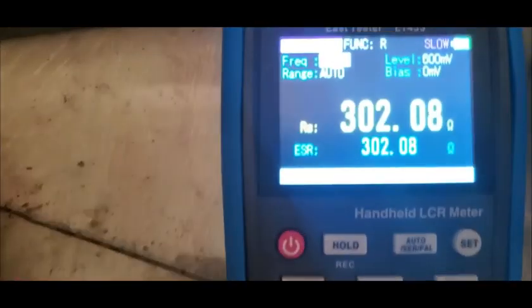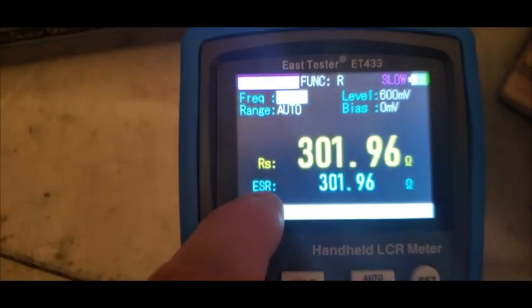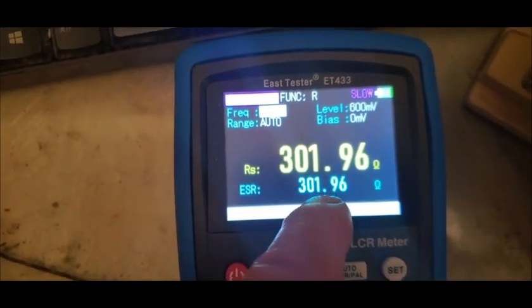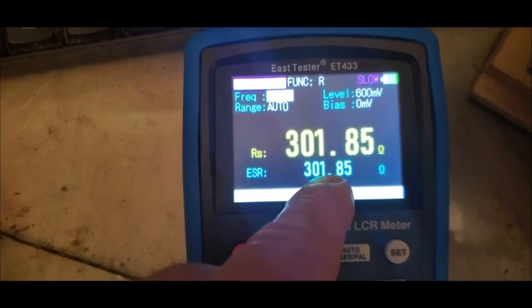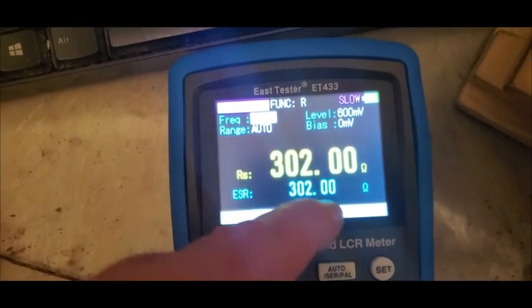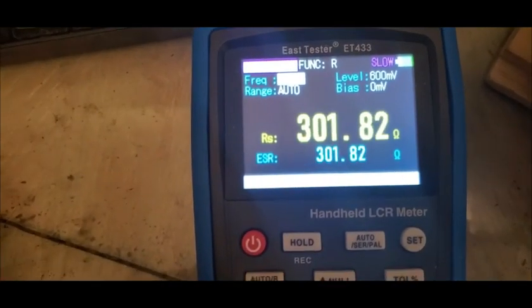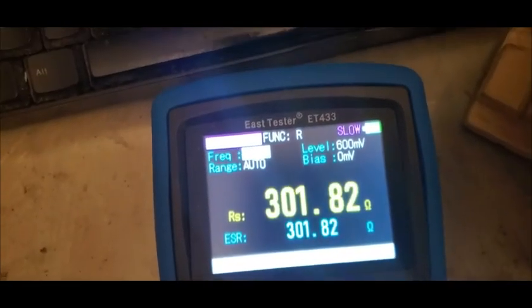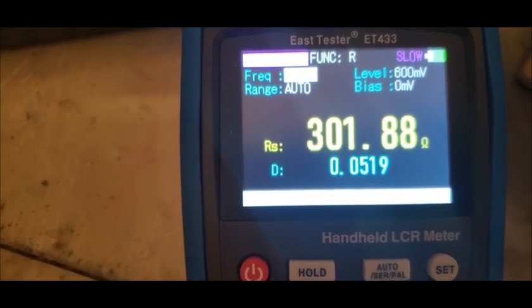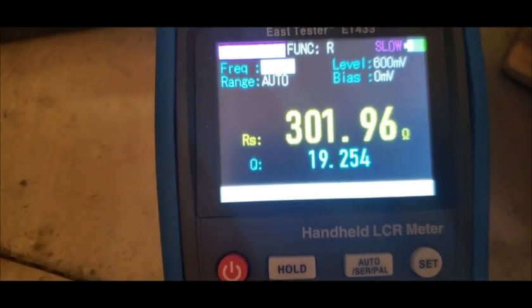Now, one of the neat things is it has a bunch of sub-menus. Equivalent series resistance, I take that just to be, it's the exact same number. I take this to be your impedance, and no, that's not it. There it is.